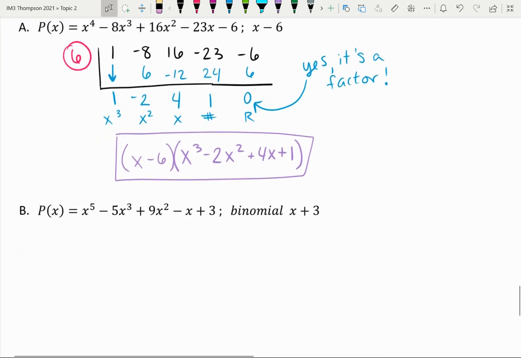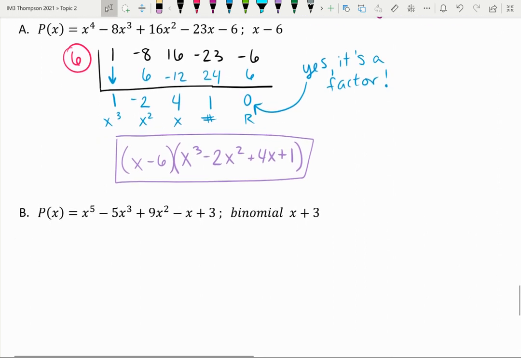All right, last one. Go ahead and do synthetic division again for me there. Give you maybe a 2-minute head start. P of x is equal to x to the 5th minus 5x cubed plus 9x squared minus x plus 3. And I'm dividing by the binomial x plus 3.